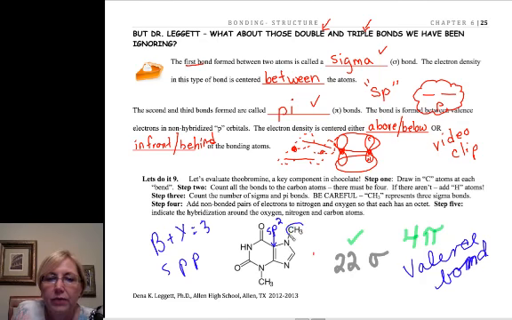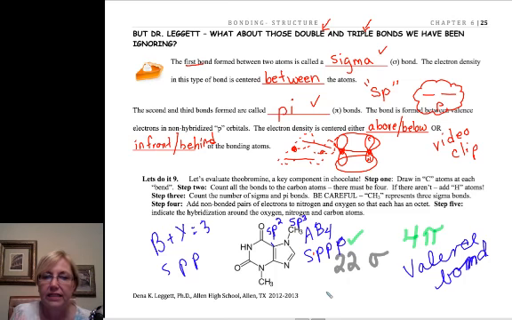Now, this carbon here has 4 things, the nitrogen and the 3 hydrogens. So we would say that that carbon, since it's an AB4 structure, we'd need an S, a P, and a P. So we would say that this carbon is sp3 hybridized.